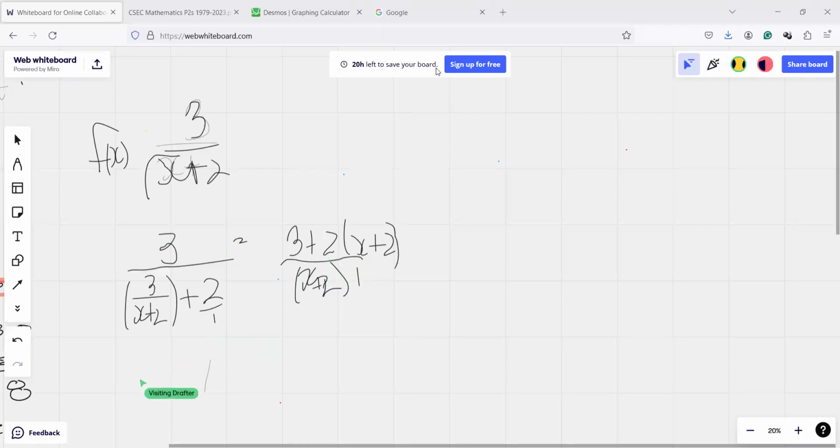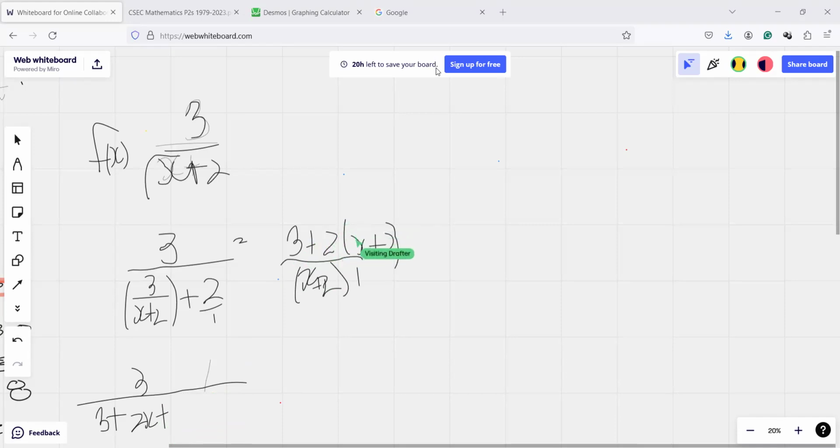So under all of that we'll have 3 plus 2x plus, and everyone should be able to identify how we arrived at 2x because we're basically expanding this second bracket here.